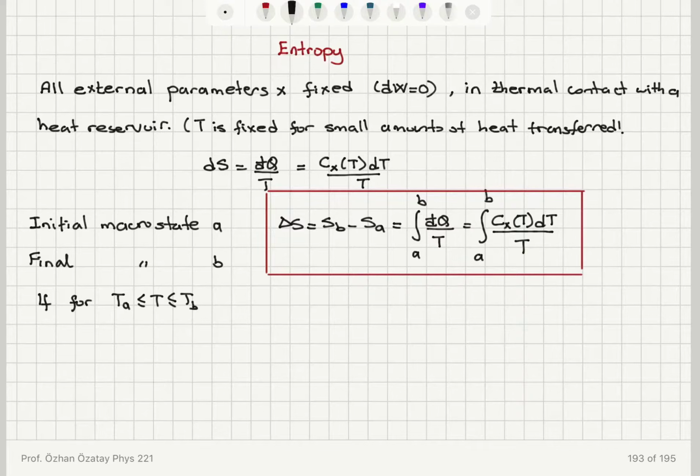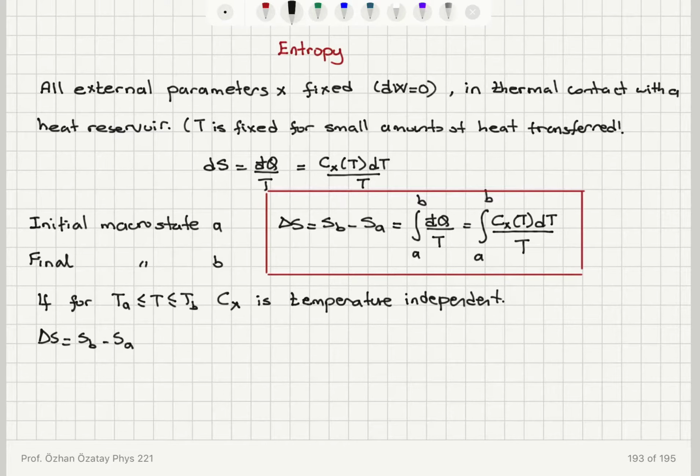Now, if we consider a special case, if in this temperature range TA to TB for the macro states A and B, the heat capacity of the system is more or less temperature independent. So basically we can treat it as a constant inside this integral. In that case, what will be the entropy difference between these two states?